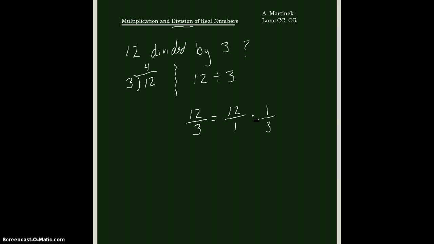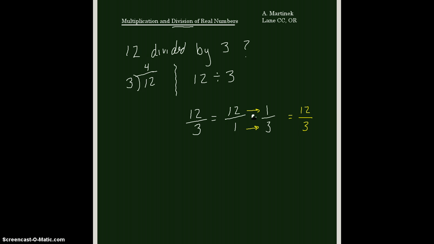Now if you multiply these two fractions, we just simply multiply straight across. 12 times 1 would give us 12, and 1 times 3. We don't need a common denominator because we're multiplying. This lands us back exactly where we started, which is a good thing, because we're just writing it the same way.